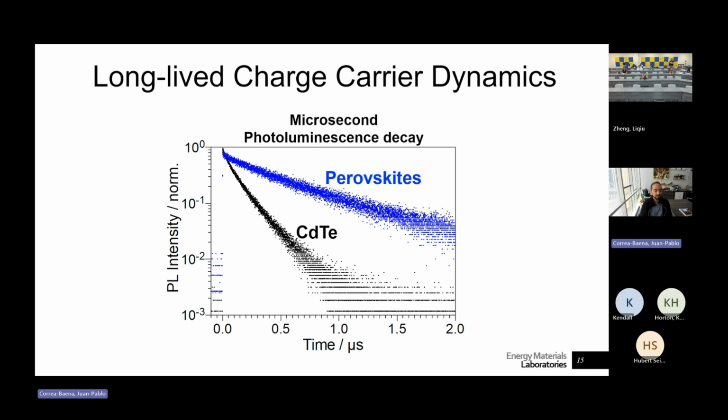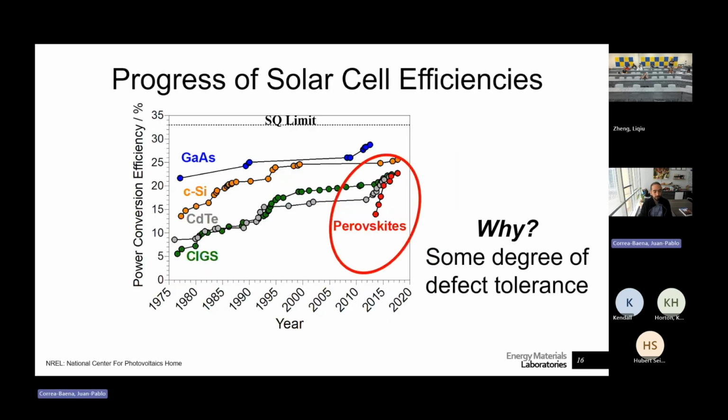If you have a defect in cadmium telluride, this is why we have this faster photoluminescence decay. So the reason why we think these perovskites have done so well over time is because there is some degree of defect tolerance, and that's led to these materials being very tolerant to dirty processing.